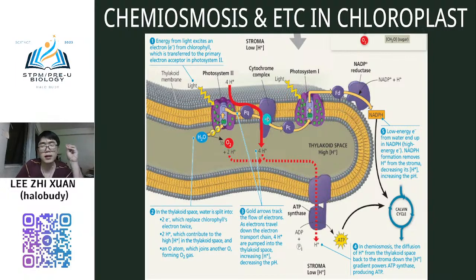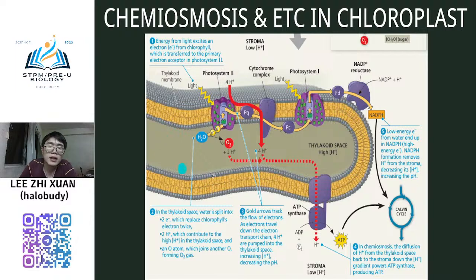So in the electron transport chain in the chloroplast, the hydrogen ion is pumped from the stroma into the thylakoid space. So it is the reverse of oxidative phosphorylation. There you pump out to the intermembrane space, but here the hydrogen ion is pumped in to the thylakoid space.